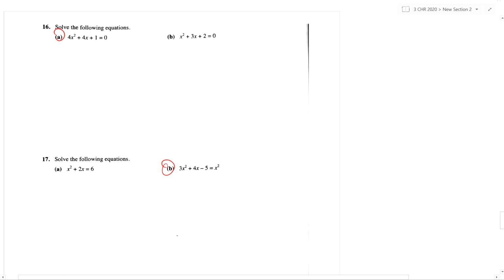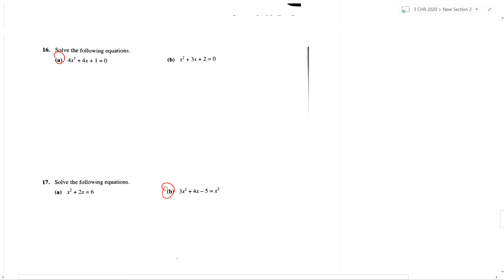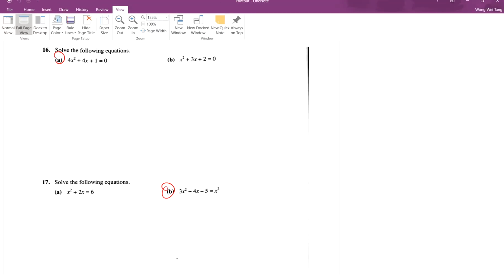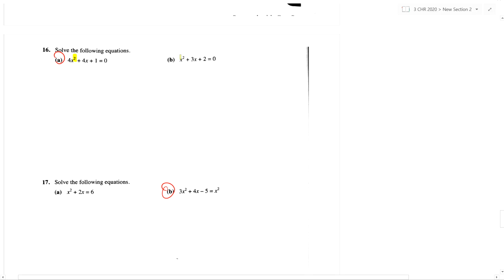Here we are told to solve equations. Whether it is in question 16 or in question 17, you realize that we all have powers of 2. We have an x squared term in all of them.